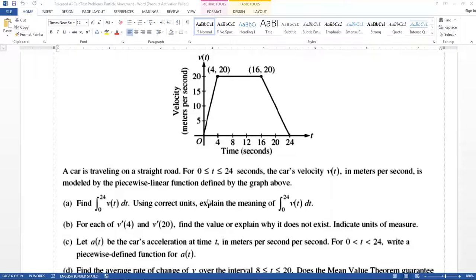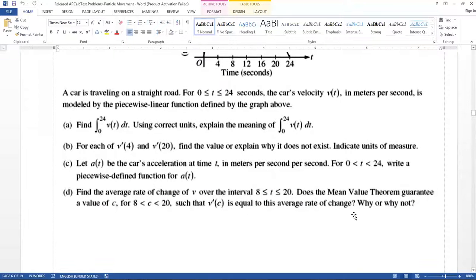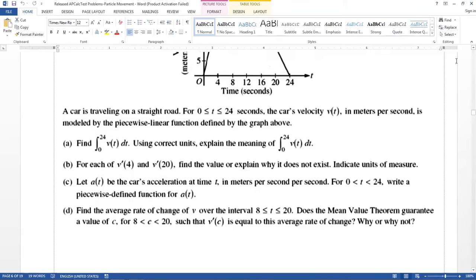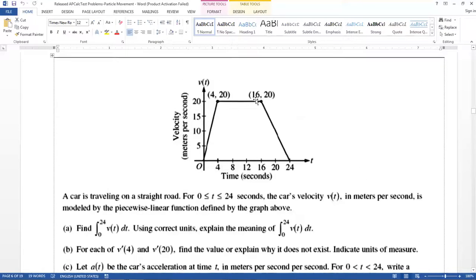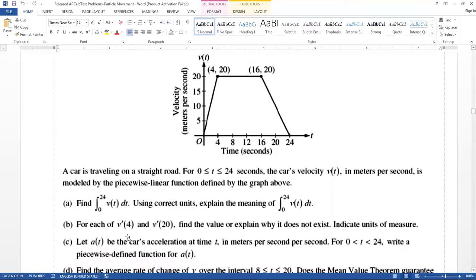The next question is: for each of v prime of 4 and v prime of 20, find the value or explain why it does not exist. Indicate units of measure. Let's go to the graph. v prime of 4 and v prime of 20 don't exist, because the tangent line doesn't exist.